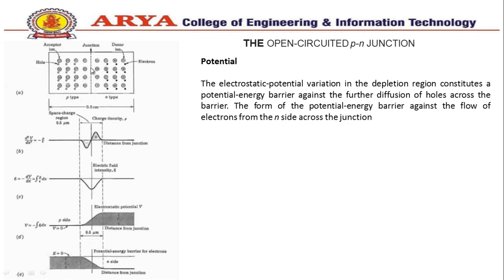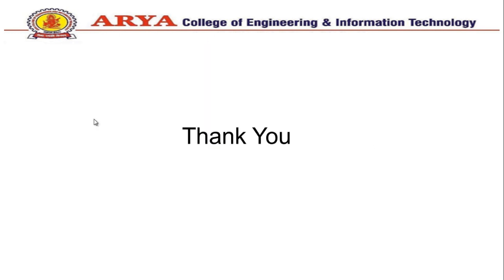This equilibrium condition of zero resultant hole current allows us to calculate the height of the potential barrier V0, also called the contact potential. Through the Poisson equation, we can easily calculate V0 inside a particular structure. In this slide, we have covered electric field intensity, potential, and the Poisson equation. Thank you.